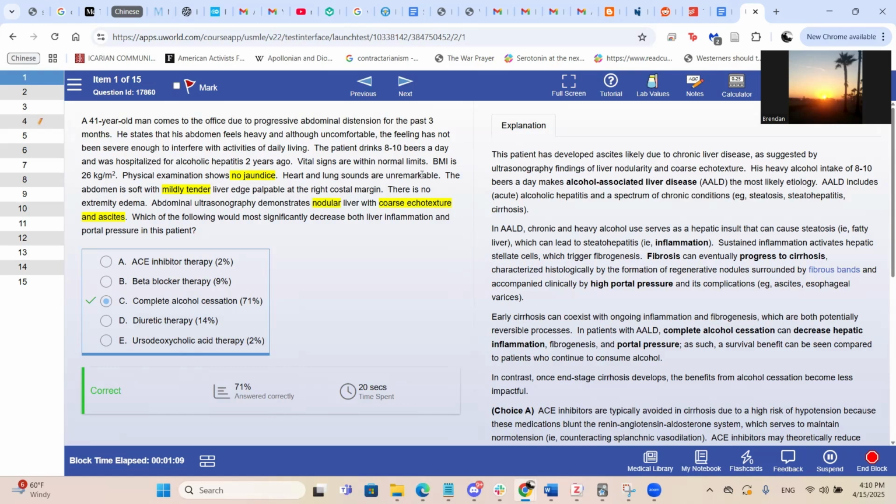But regardless of whether you want to qualify this as cirrhosis or not, it's alcohol-associated liver disease to some capacity. And as we established, cessation of alcohol use is the best thing that you can do in these patients from a perspective of inflammation, of portal pressure, of mortality, and so on.